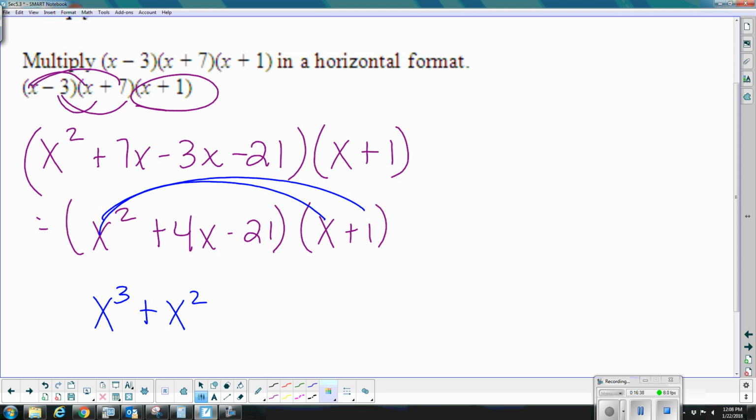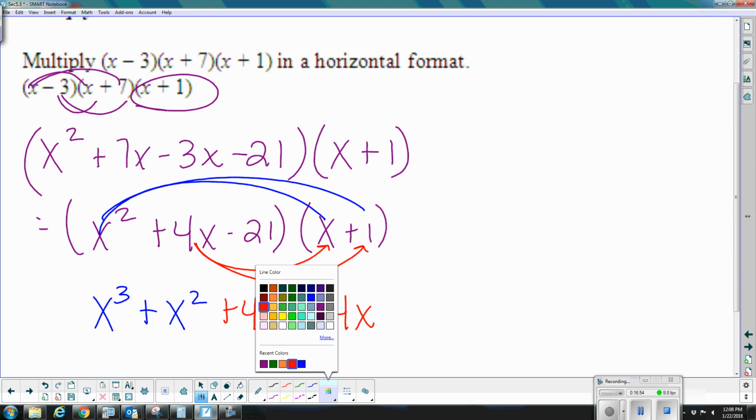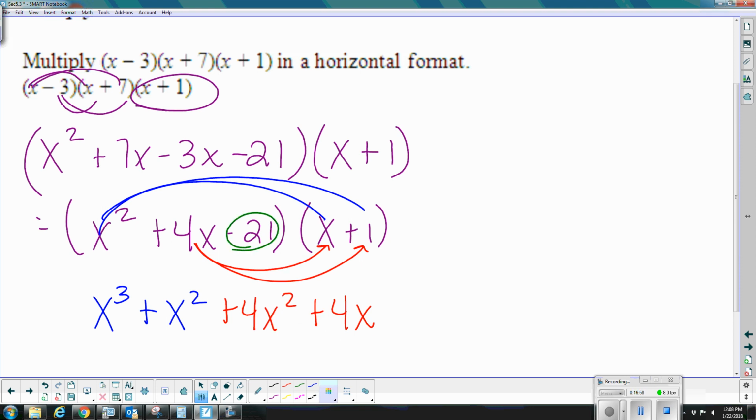And then I'm going to do the same thing with my next term: 4x times x is 4x squared, and 4x times positive 1 is 4x. And then I'm going to do the same thing with my last term, negative 21. Remember, negative 21 is the term. So I've got negative 21x minus 21.